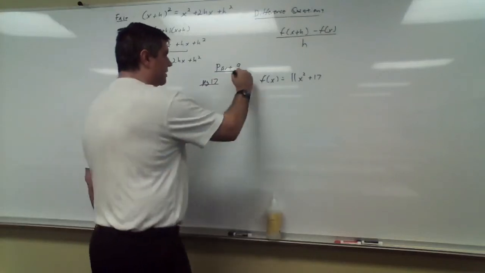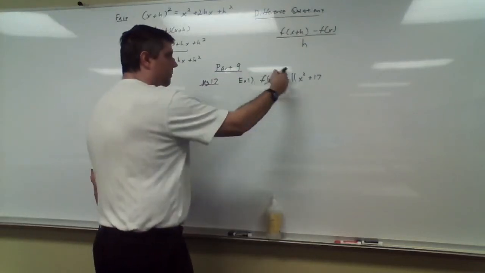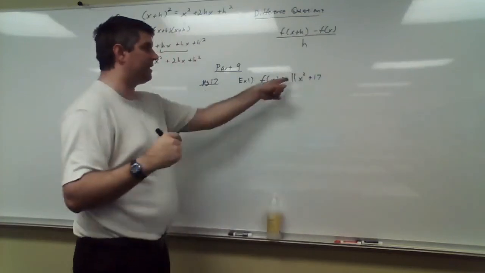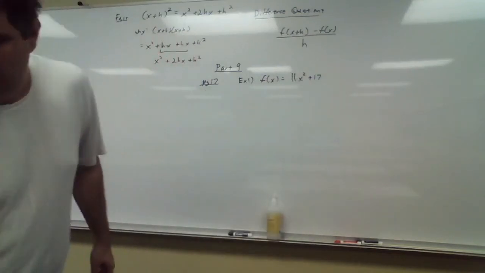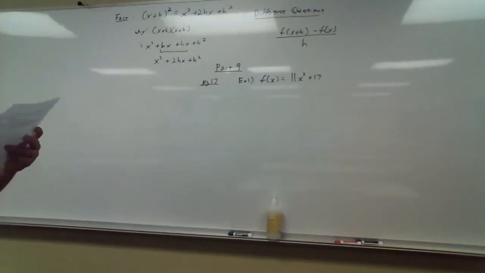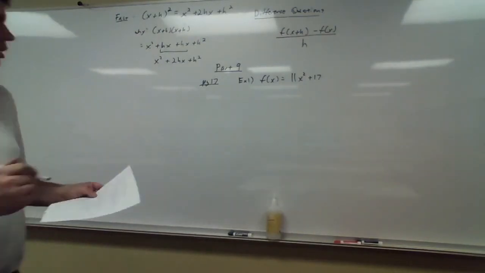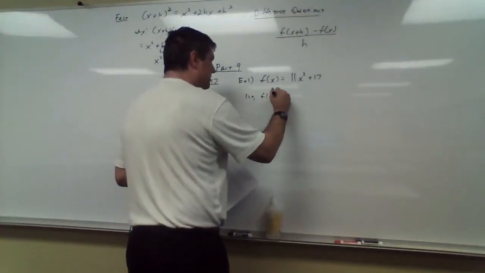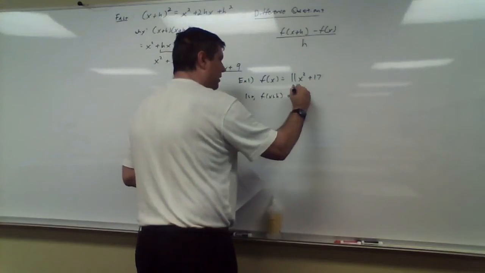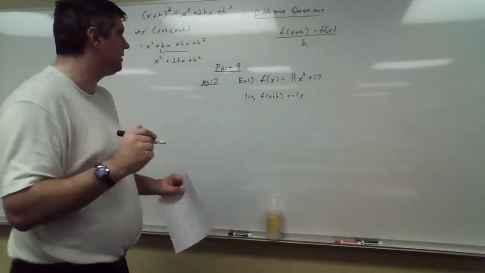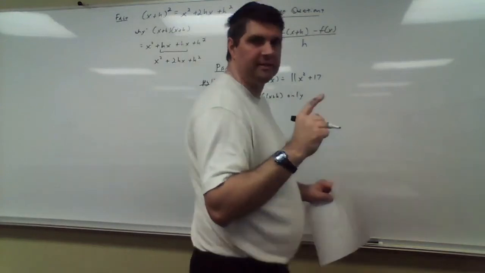Okay, we're looking for the difference quotient of example 1, which is f of x equals 11x squared plus 17. Okay, what you're going to want to do is follow the steps I gave precisely. Okay, first, f of x plus h only. You're going to do that only. So we'll start with that.